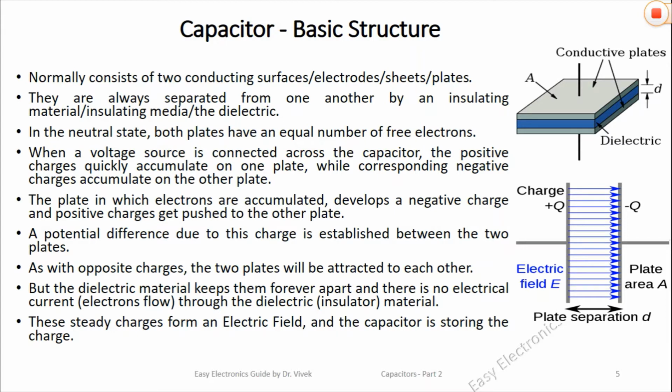A potential difference is established between the plates due to this charge separation. But the dielectric material will prevent the electron flow from one plate to another plate through the dielectric material. So these steady charges will form an electric field and the capacitor is storing the charge.